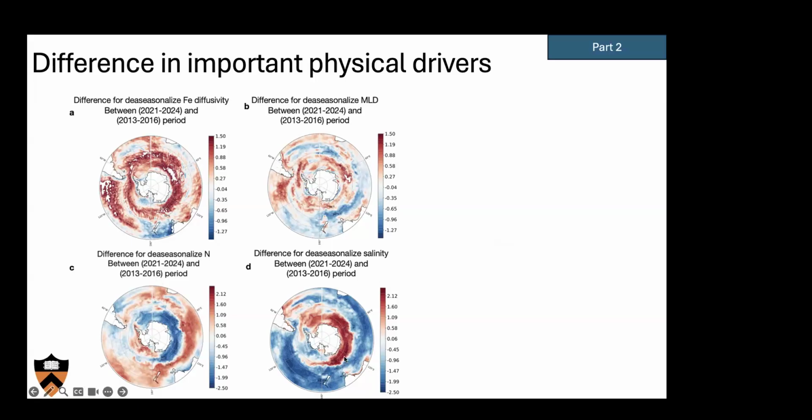Our hypothesis was that there is not one mechanism which is causally linked to that increase in chlorophyll, but mixed layer depth plays a role. But we expect that it plays a role only in the open ocean, not here where you have this increase in salinity, or here in the Pacific Ocean.